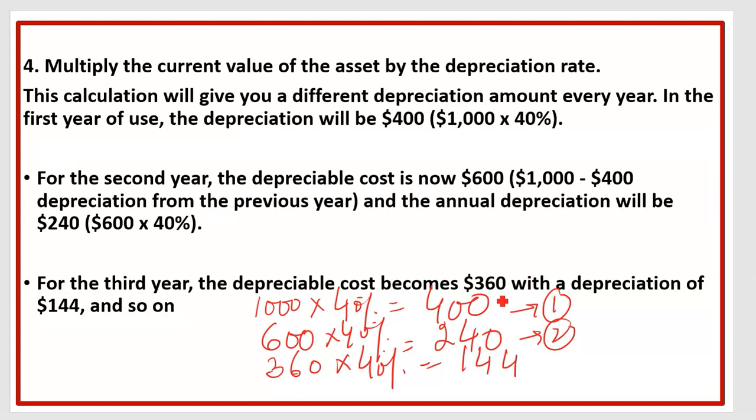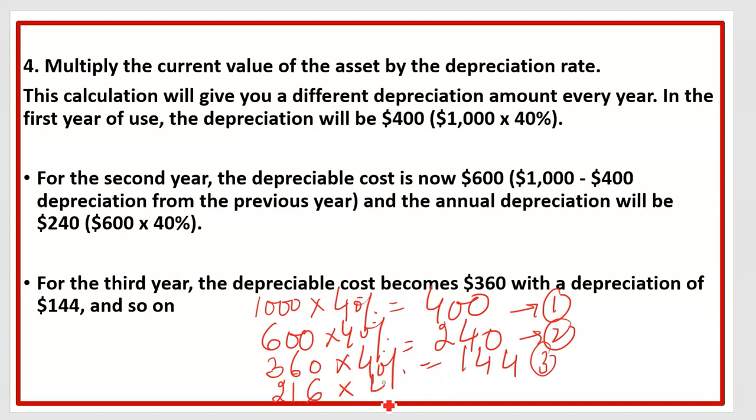In the first year, you always have a high depreciation, and then in the second year it is less compared to the first year, and in the third year again it is less compared to the first and second year, and so on. In the fourth year, when we subtract 360 minus 144, the asset price would be 216.